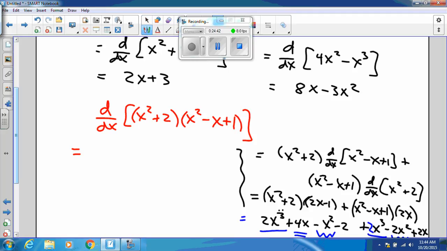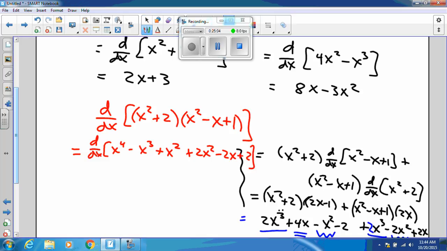All right, now on this side of the room, let's see if I can do this correctly. We have the derivative of x to the fourth, distribute, minus x cubed plus x squared plus 2x squared minus 2x plus 2.